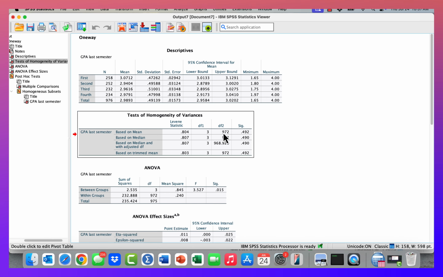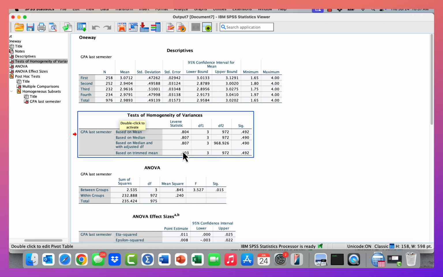Well, first, before we go on to our ANOVA table, remember I suggested checking the box in our commands for the homogeneity of variance test. One of the assumptions of ANOVA is that the variances are homogeneous. So in this case, we want our results to not be statistically significant. As you can see here, our p-value is 0.49 if we were looking at a mean comparison, or a median comparison.